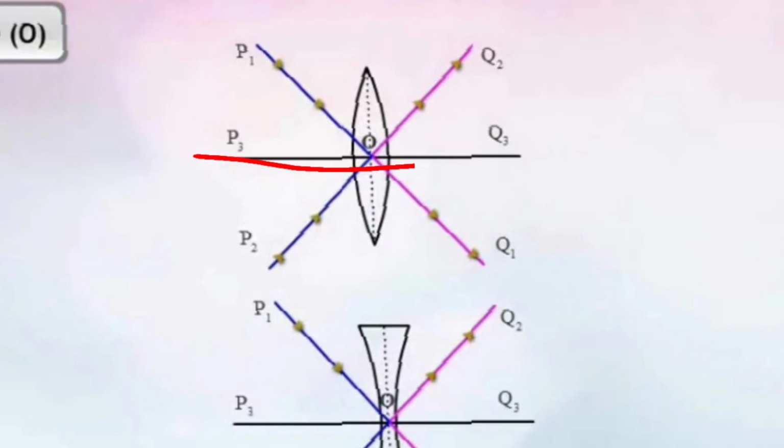This is the principal axis. It is the point through which the light ray passes without changing its path. So this is the ray of light. The path is straight. There is no change in the path. Right?